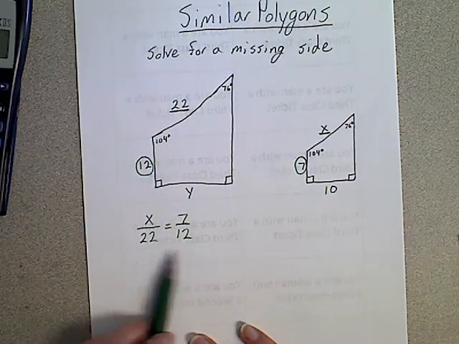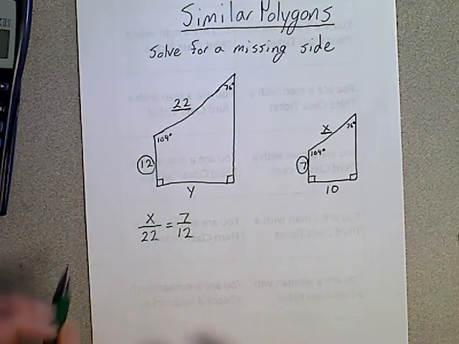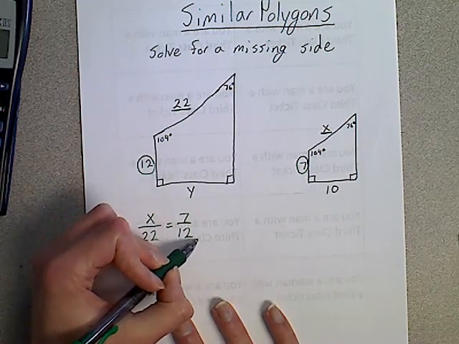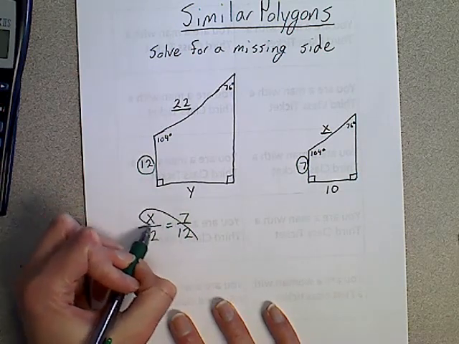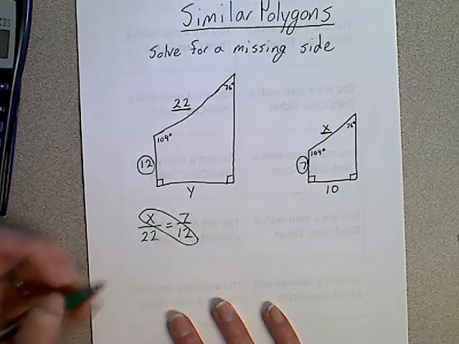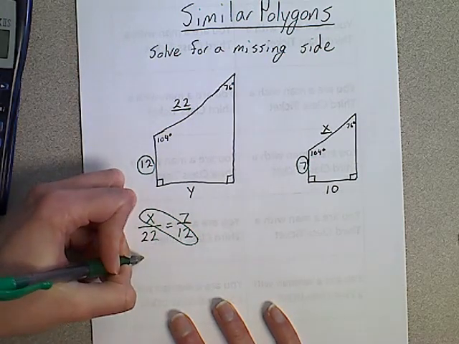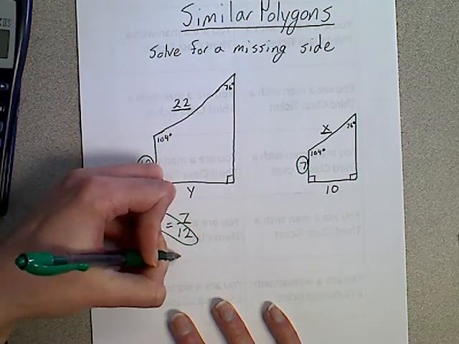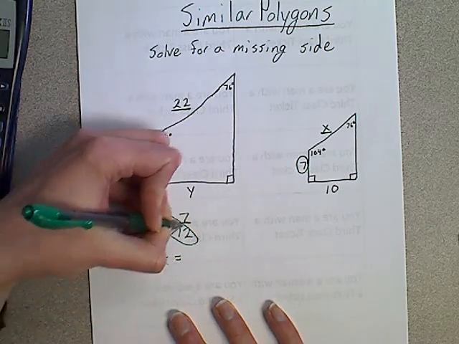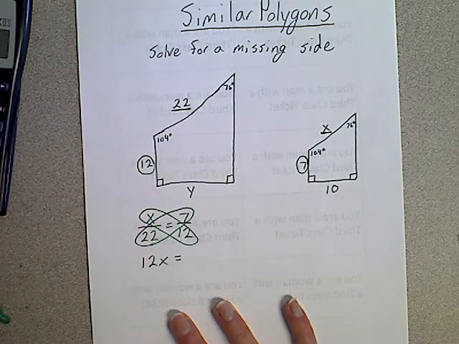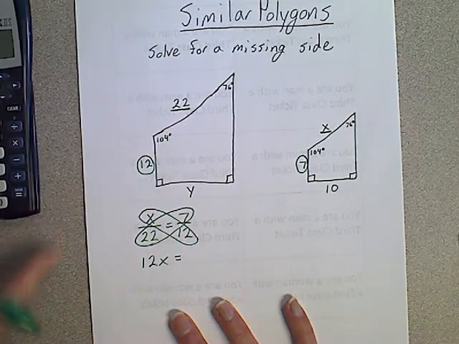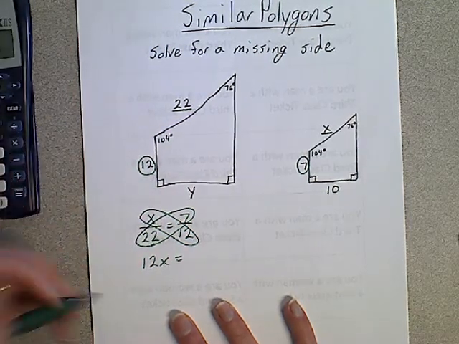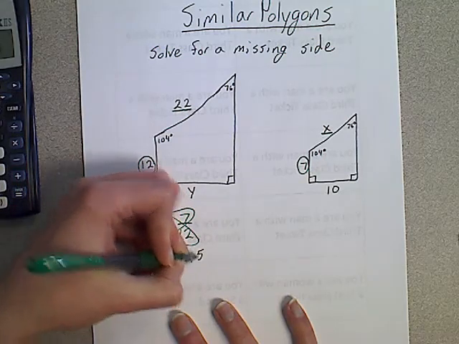Now we have set up our proportion, and just like we've been doing, we will cross multiply. So we will get 12 times x, which gives us 12x, and it's going to equal 7 times 22, which gives us 154.